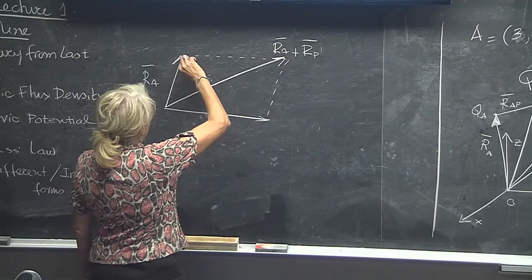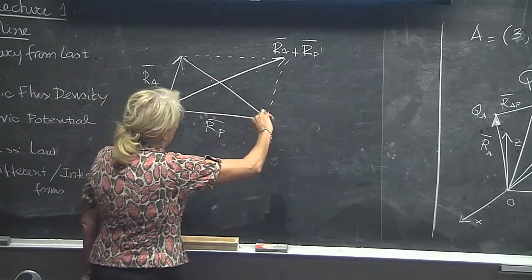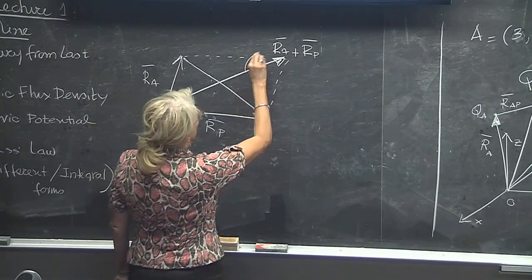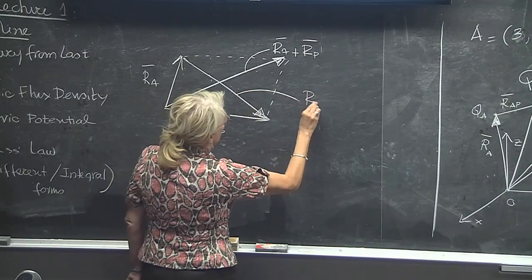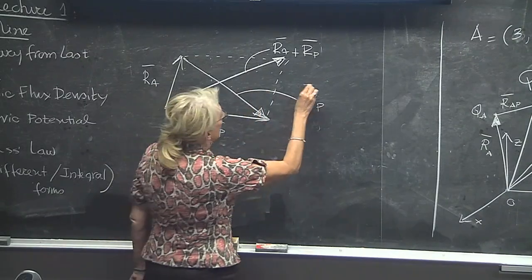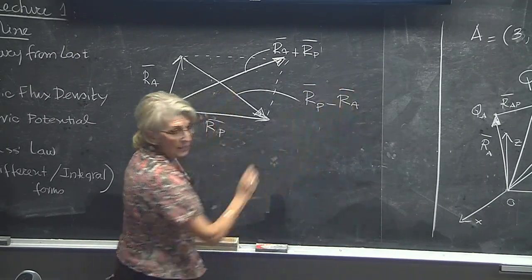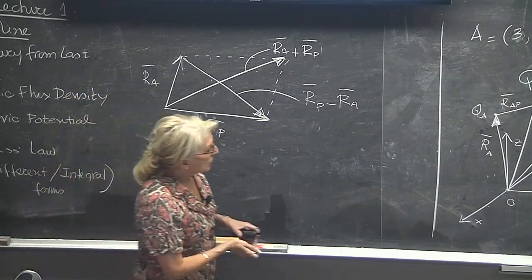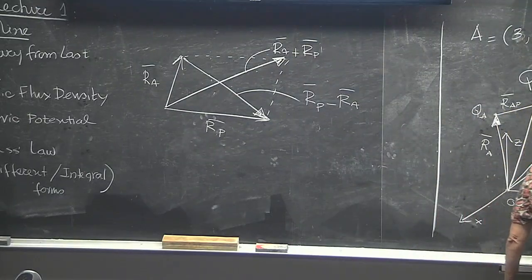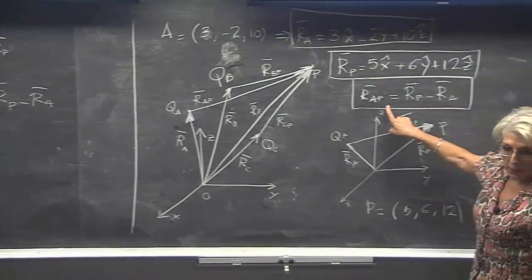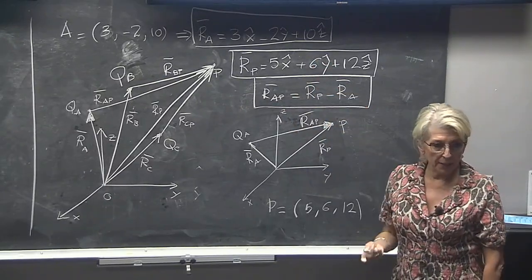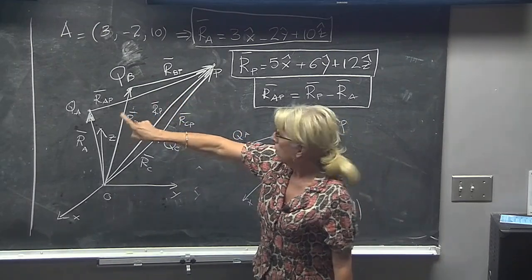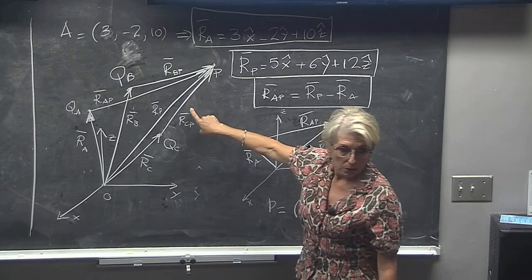What is this one? This one is RP, because that's where it ends, minus RA. Do you remember those? These are from summations and subtractions of vectors. So now, since I know this, do I know RAP? Yes, I subtract these two and I find it. So now what I will do, I will go and do the same thing for this vector and for this vector.